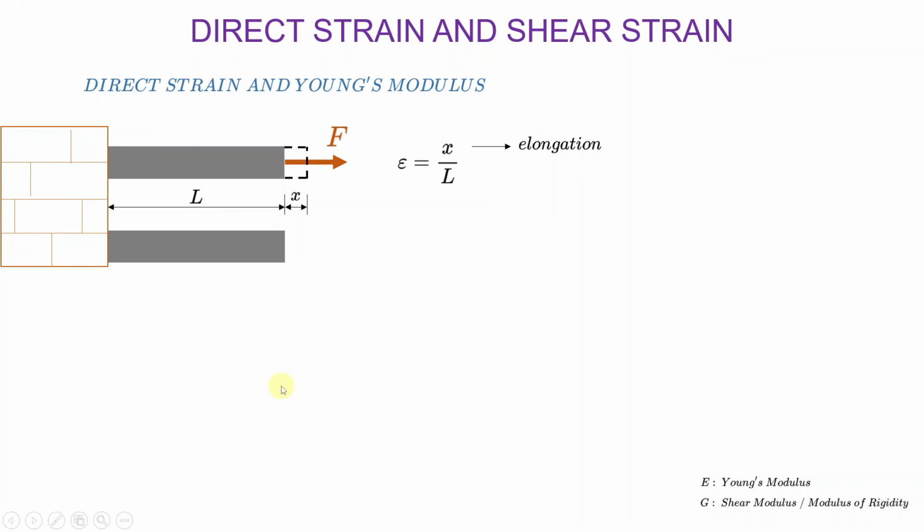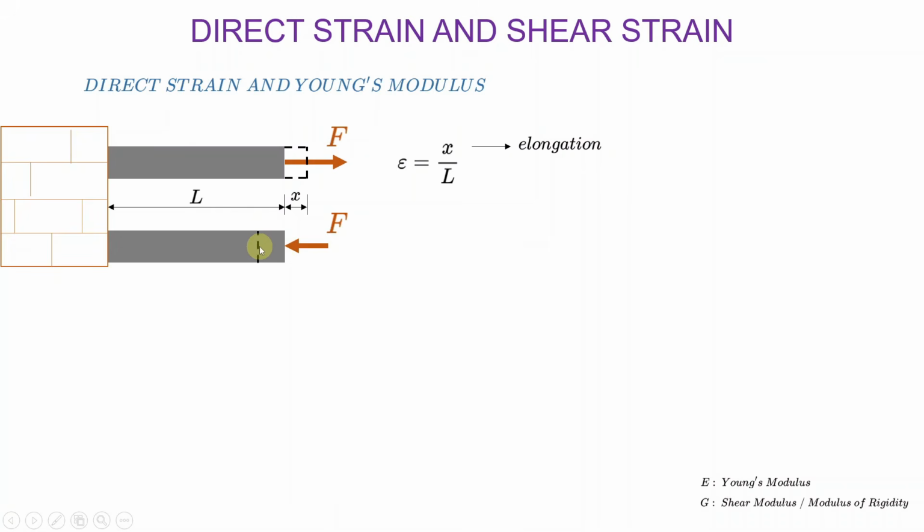Okay, now for the bottom bar, let's apply a compressive force, okay, like that. And of course, because of the compressive force, this bar here is going to become shorter. Let's say that the far right end of the bar will move to the left until it reaches the place where you see these discontinued lines, okay?